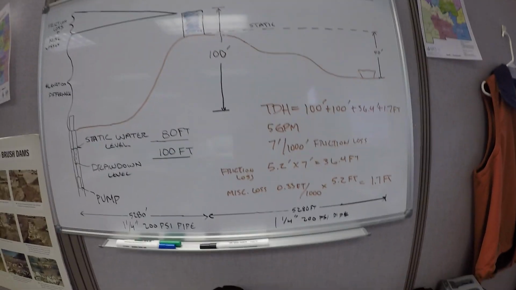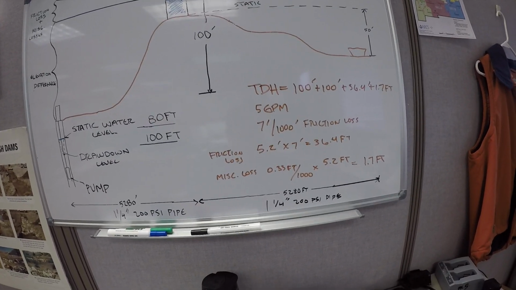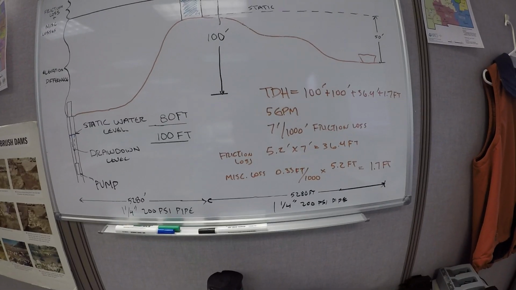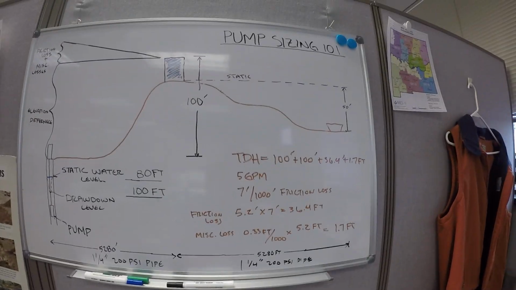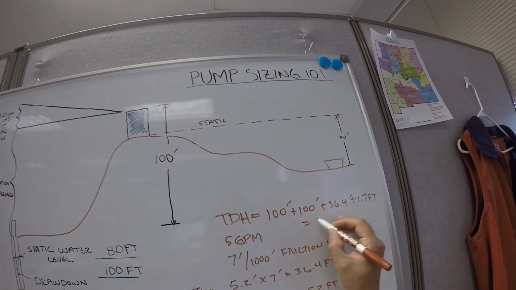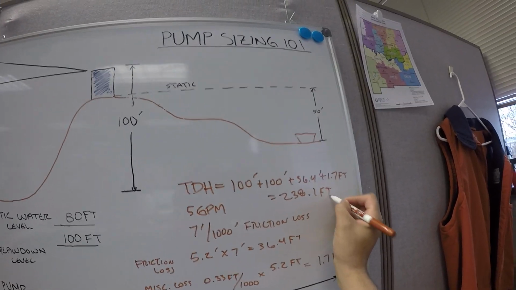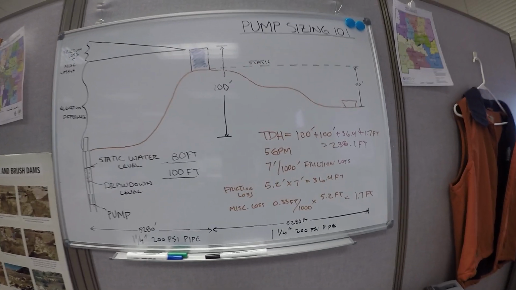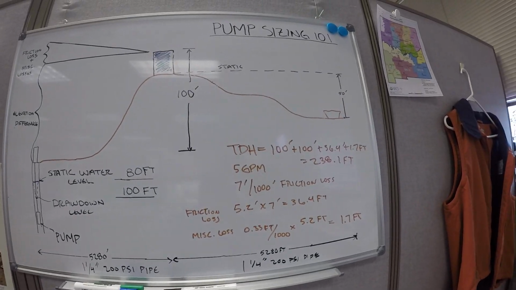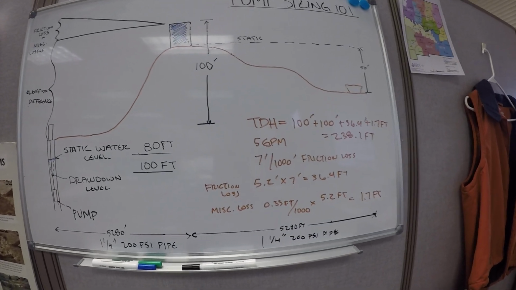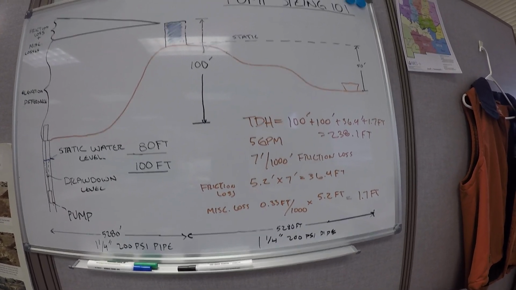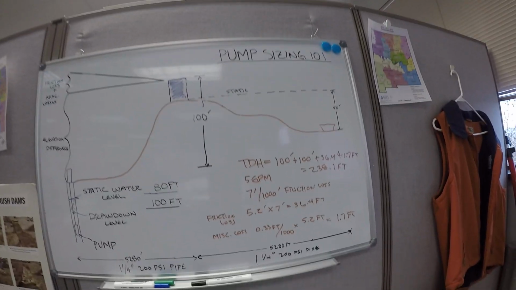So we have 100 plus 100 plus 36.4 plus 1.7, and you get 238.1 feet. So your pump has to overcome 238.1 feet. So that's how you figure out your TDH.